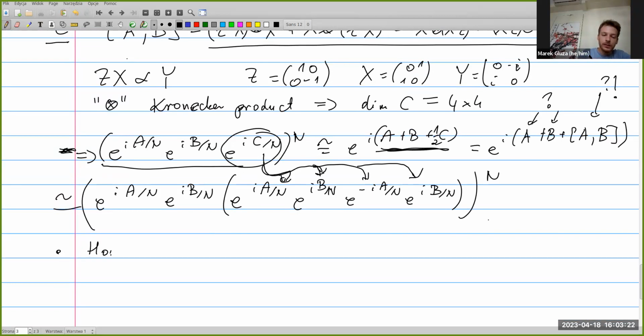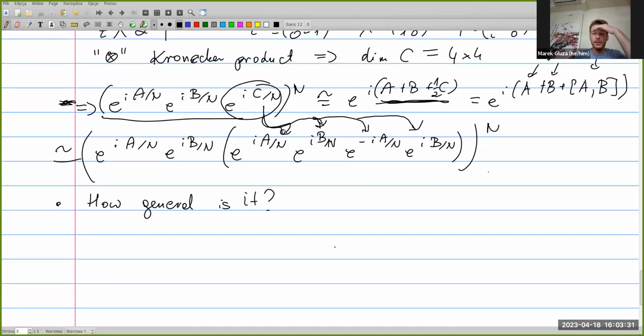Okay. So another question is, how general is it? And the answer is that this is exactly what it means to have a universal quantum computer.